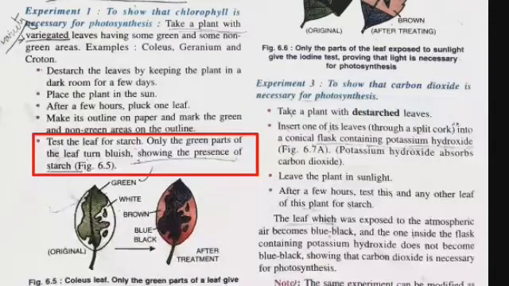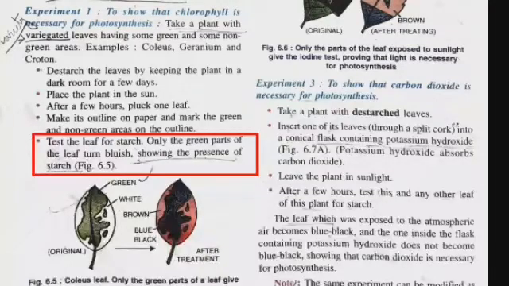So what conclusion do we have, or what does the experiment prove? It shows that chlorophyll is necessary for photosynthesis. Now the next point to remember is, please do not get mixed up between observation and conclusion or proof.